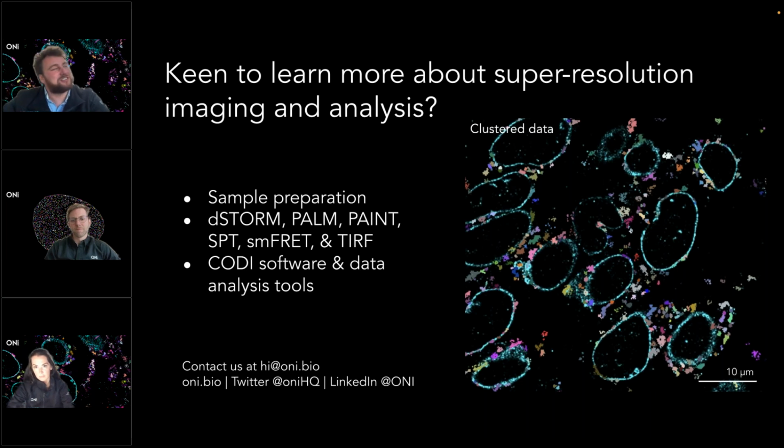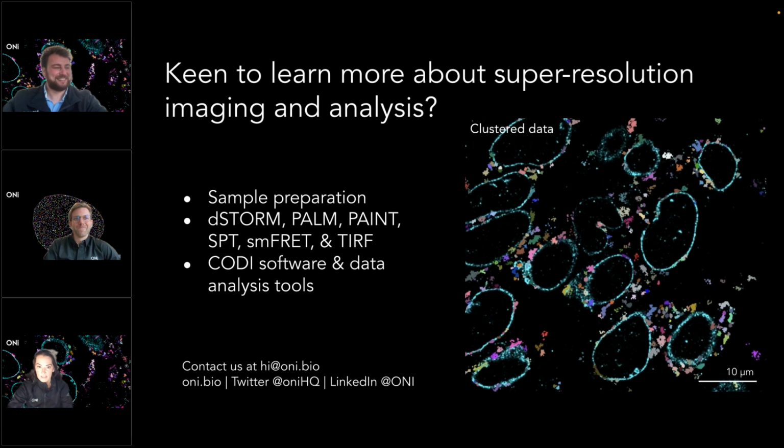One is called redundant cross correlation. And I can't remember what the third one's called. I don't want to go too deep into the technical details now of how the algorithms work, but I would suggest reaching out to us, and we can put you in touch with the people that wrote each algorithm. If the help file, the big question mark, doesn't give you enough detail, reach out to us.